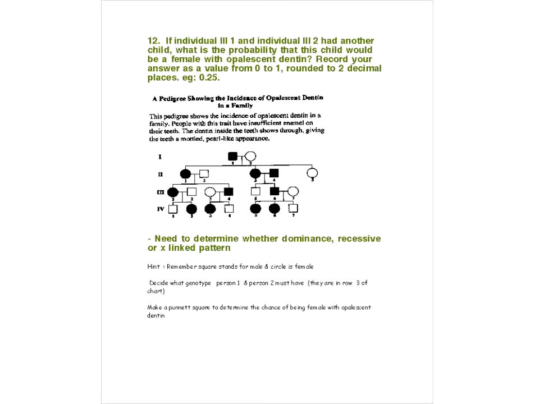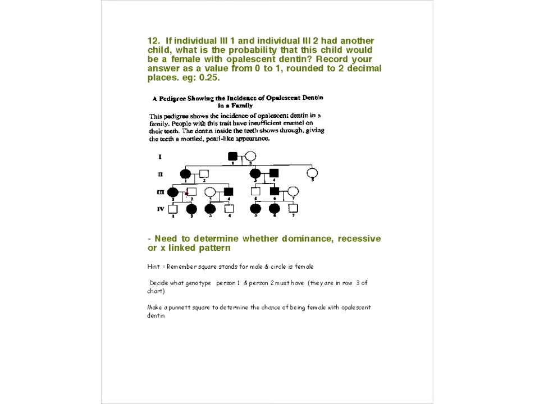So since we decided that it's a dominant pattern, we are going to use the genes that we came up with when we talked about the dominant pattern in question 11. This question says individual 3-1 and 3-2 are having a child. Here we see row 3, and here's individual 1, here's individual 2. Those are the two kids we're talking about having another child.